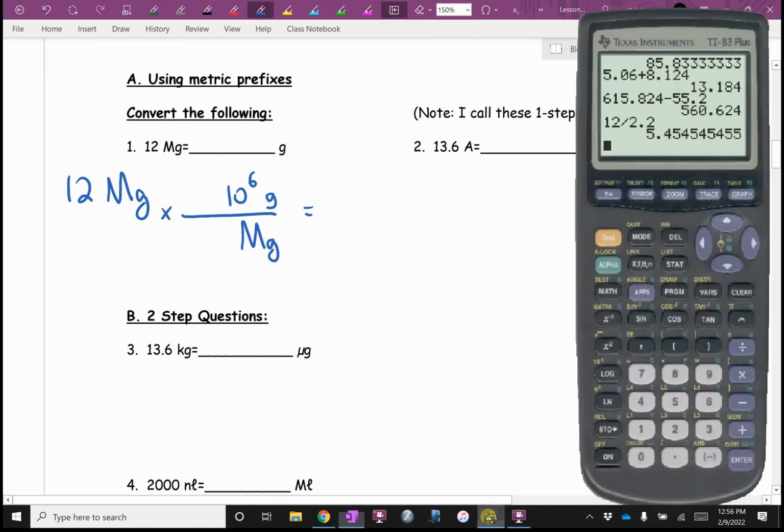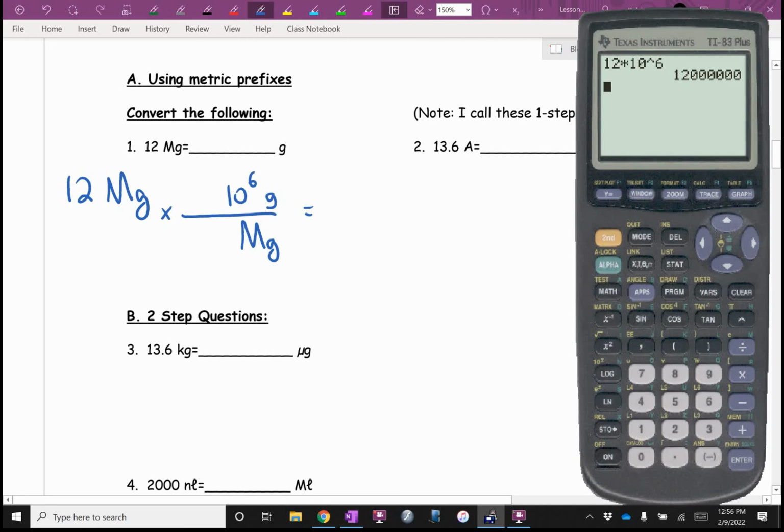So get your calculator out. This isn't scientific notation, so I'm not going to use my scientific notation button. I'm going to go 12 times 10, exponent button, 6. I get a 12 and 6 zeros, and if you write that, that's fine. I think it's going to be less work to write this in scientific notation.